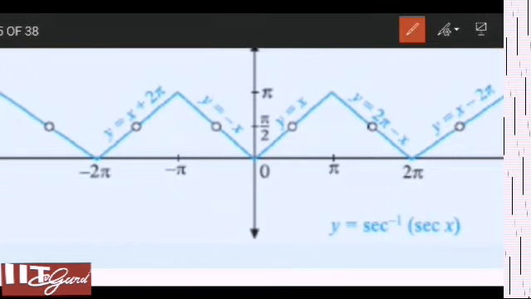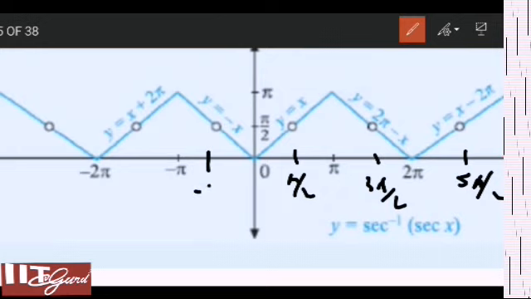These points are x equal to pi by 2, 3 pi by 2, 5 pi by 2, and minus pi by 2, minus 3 pi by 2, minus 5 pi by 2. All these odd multiples of pi by 2, as cos x vanishes, sec x is not defined, hence sec inverse sec x is also not defined.